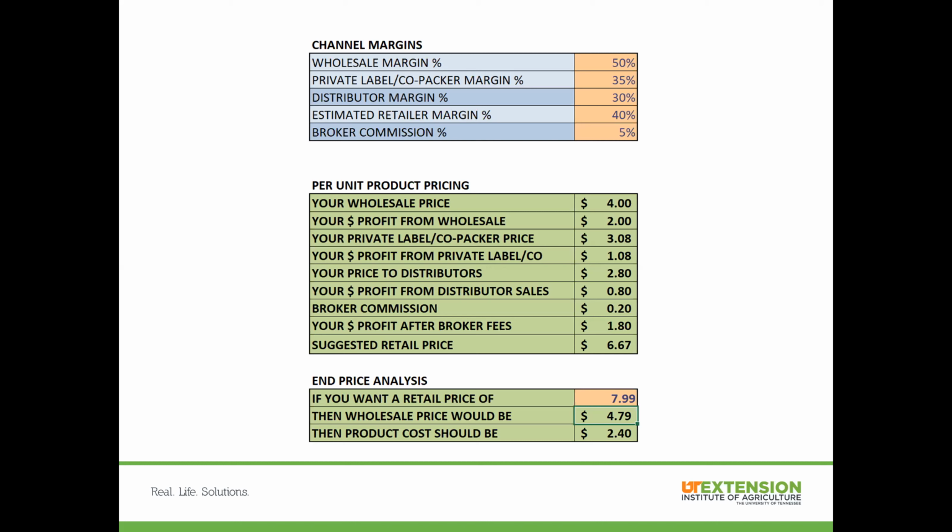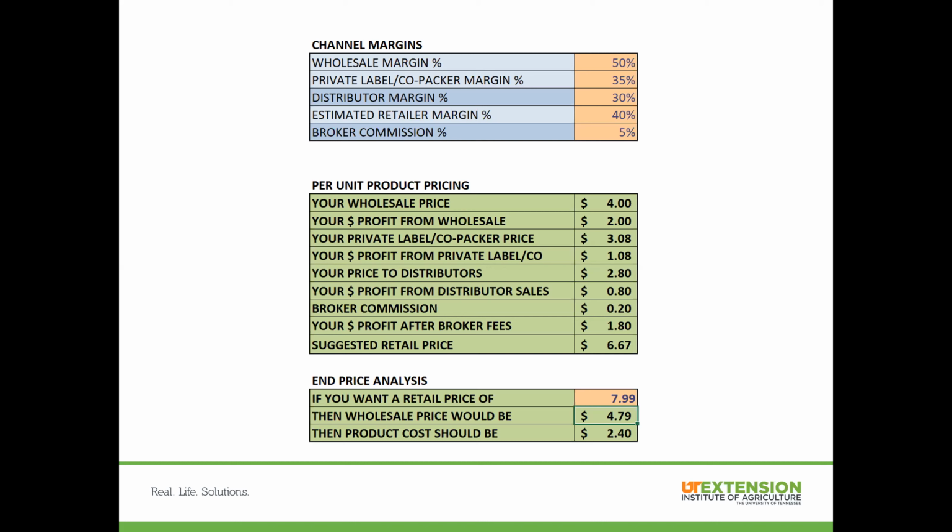The administrative and marketing costs are built into these margins, so we assume that our margins are going to cover them. We want to make our margins as high as possible, but at the same time, if I make my margin too high, then the price the cookie might get sold at is going to be too high to sell.